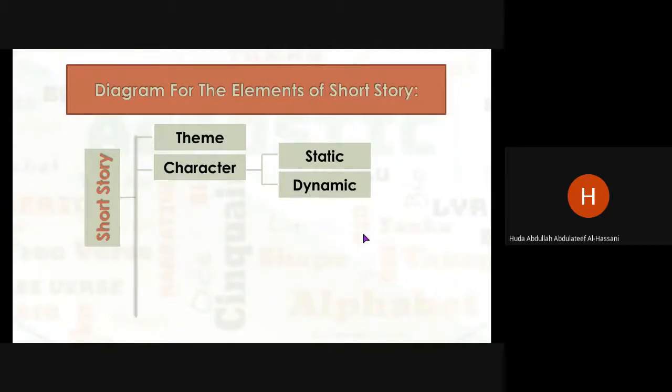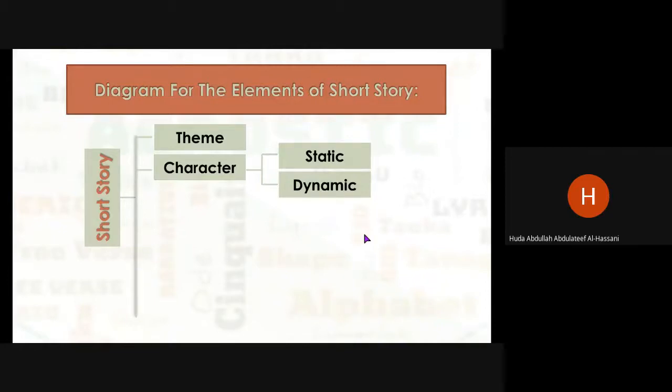An example of static character is the supported character. What do I mean by supported character? I mean, for example, the friend of the hero. If you notice in any work, literary or even in films or series or whatever, we have hero and heroine, and also we have their friends. Most of the time, the faithful friends will be static character.